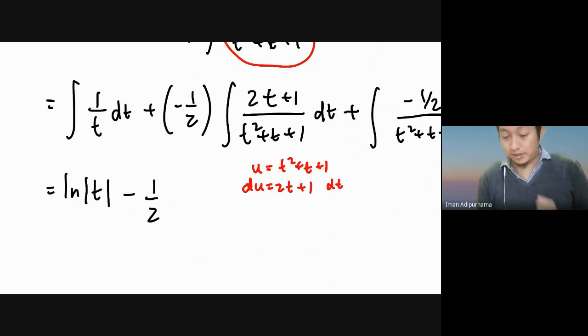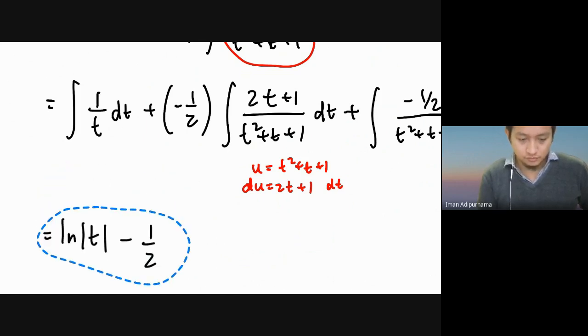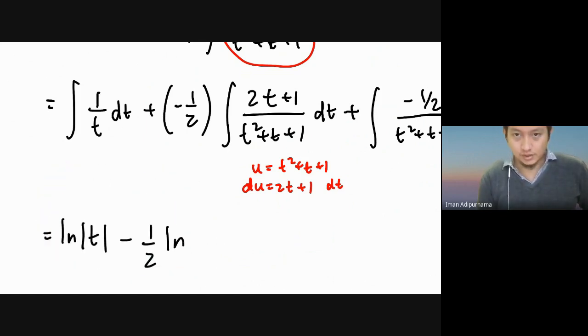So it's clearly going to have direct substitution, and we will have 1 over u. So this turns out to be ln. We're still not done yet.